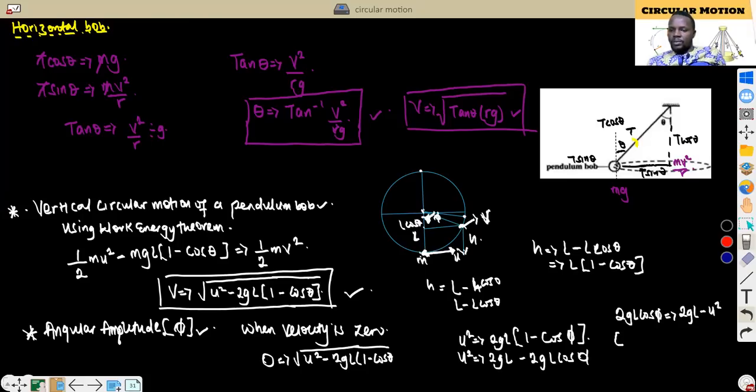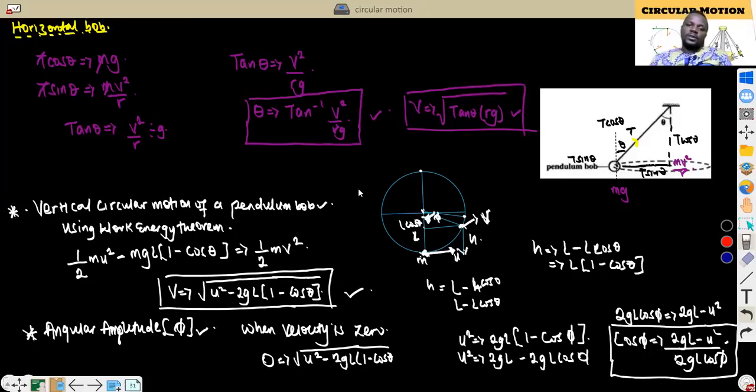So cos phi will now be equal to 2GL minus U squared, over 2GL. This is the formula we use for that, and this is very important too. As usual, you have to ring it and give it a number. So we can see 1, 2, 3, 4. These are formulas that are important for us to know, to note, and not to make mistakes.